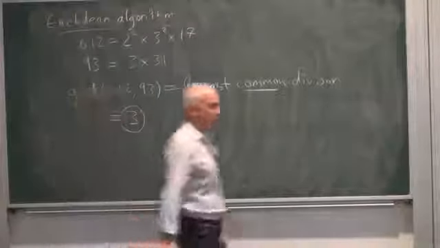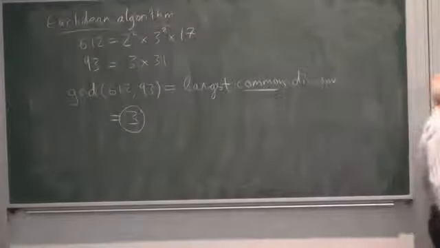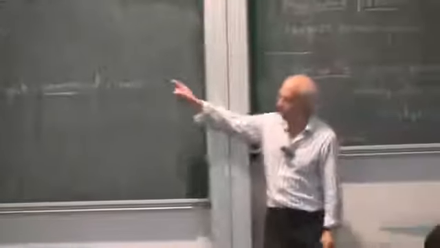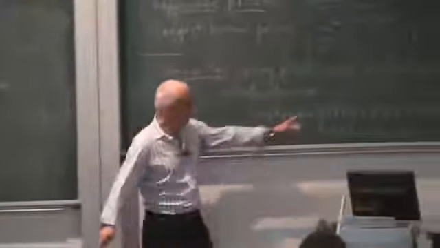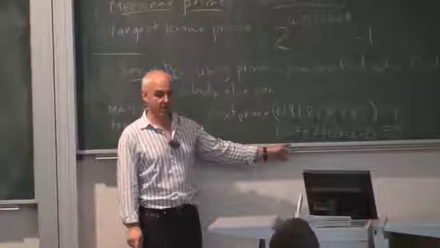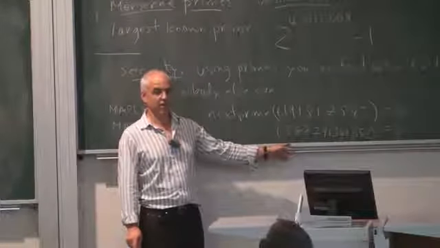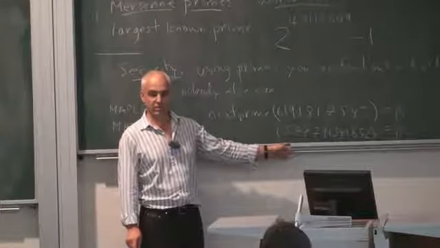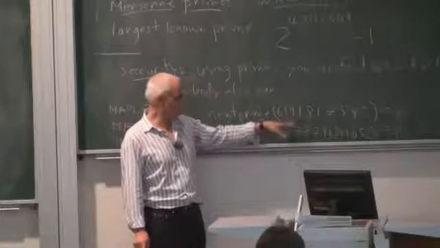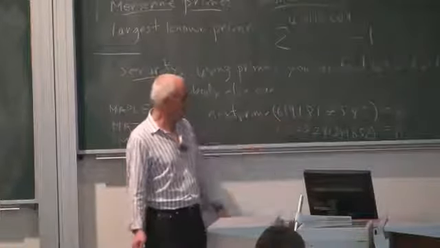But suppose I asked you to find the greatest common divisor between two big numbers. If you wanted to try this idea, you'd have to factor these numbers into primes first. And that might be very, very hard if you don't have a computer with you. A computer would factor these very quickly, but you by yourself would have a hard time doing that.